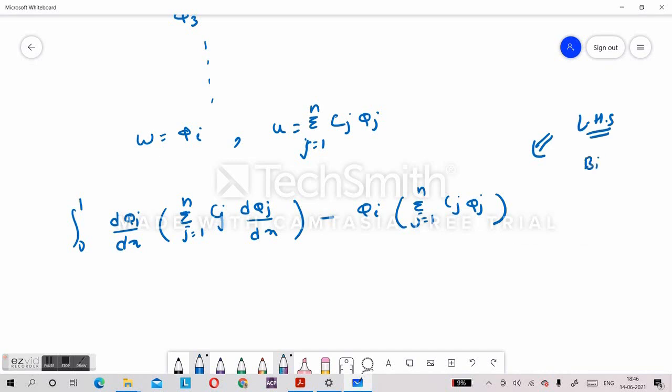Here we are solving the LHS only, or we can say the bilinear terms.